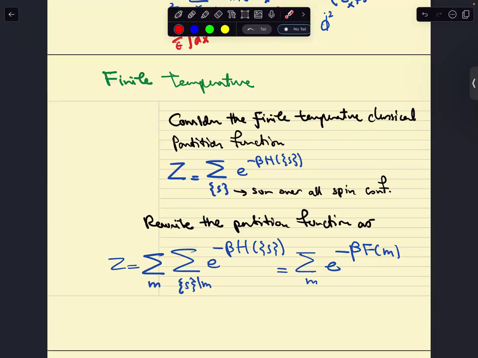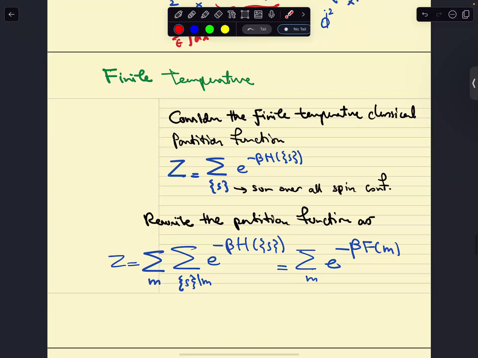Now, what I'm going to do is use a coarse graining. I have to sum over all configurations of spins, and I'm going to package these into groups, defining M as the local magnetization variable. This is an exact packaging of the same information.